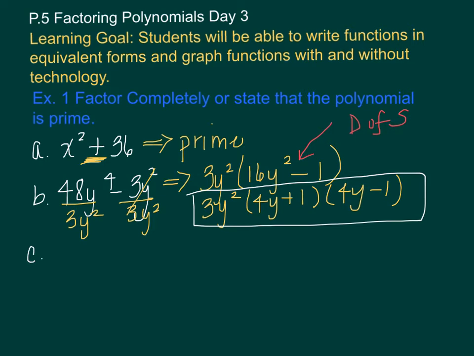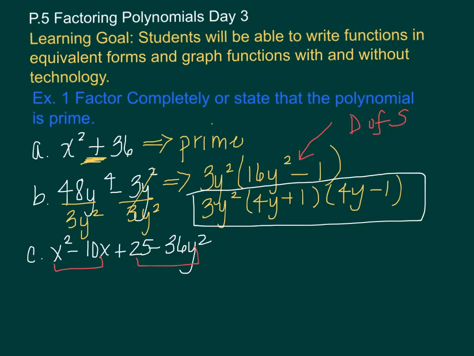C, x squared minus 10x plus 25 minus 36y squared. Now, you have to be careful because you know with grouping, you do that with 4 terms. However, if you try to group these 2 terms and these 2 terms, 25 and negative 36y squared have nothing in common.